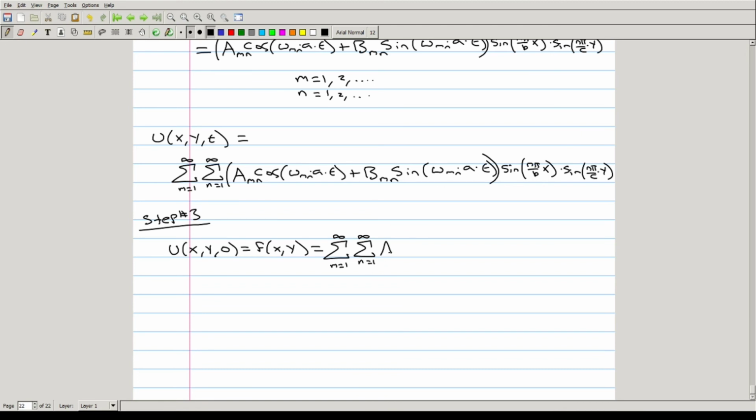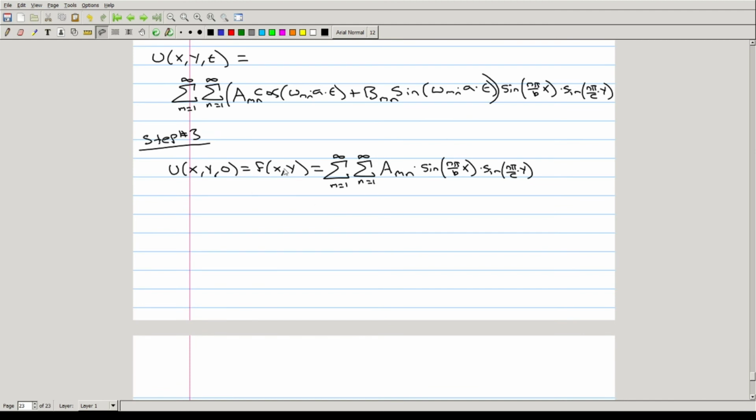It reduces to AMN times sine of m pi x over b times sine of n pi y over c. Which is the form that we saw previously for the two-dimensional Fourier series expansion of a multivariable function f of x, y.